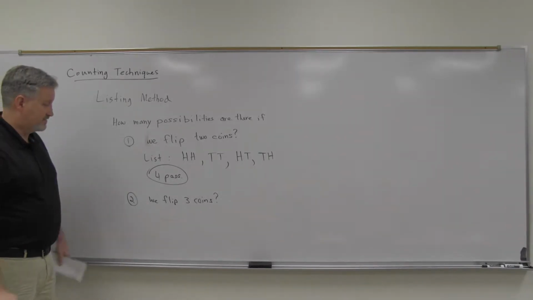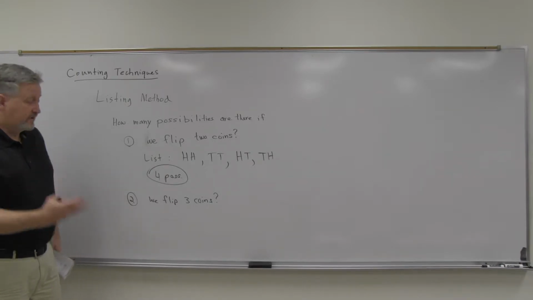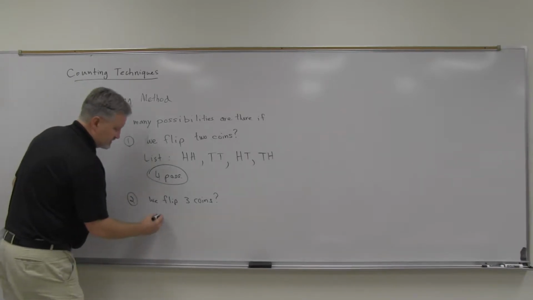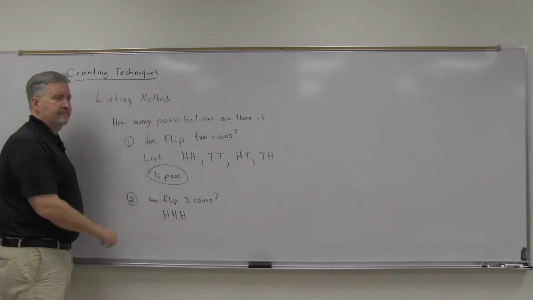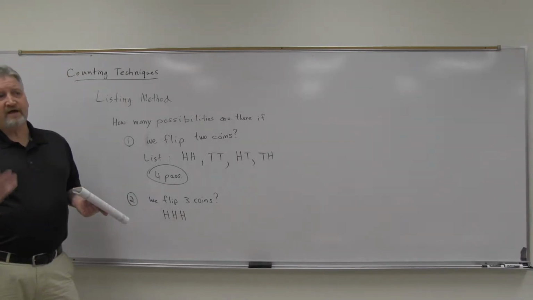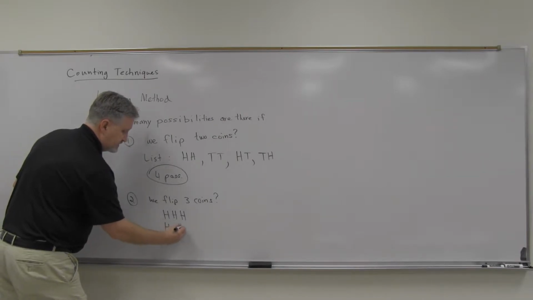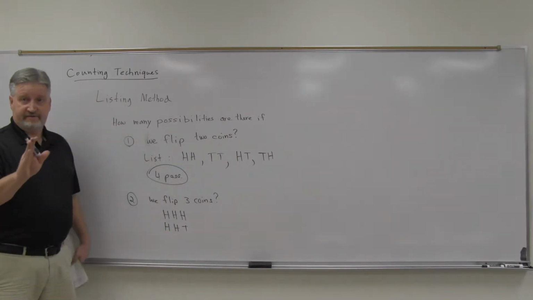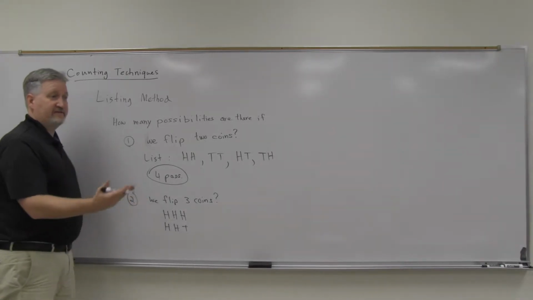Your system doesn't have to be the same as my system or the other person's system, but if you do it in a system, here we could have all heads. So we've got three heads. Then we could have two heads and one tail, so heads, heads, tails.